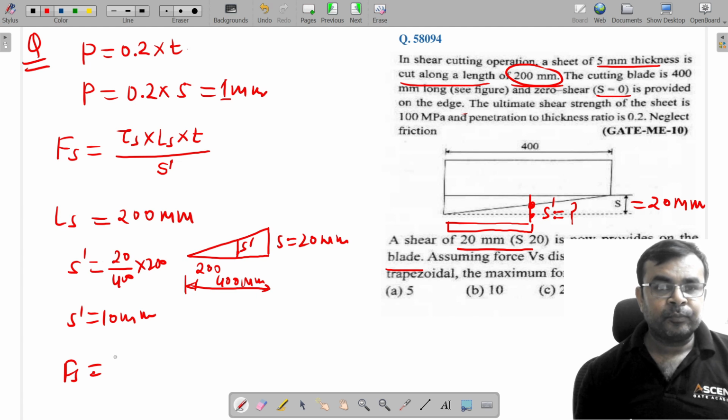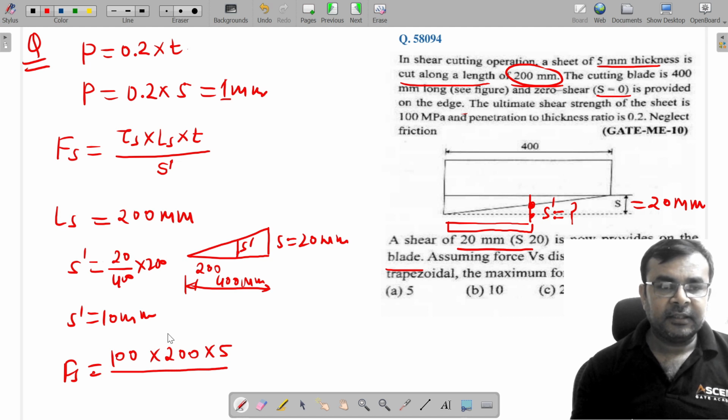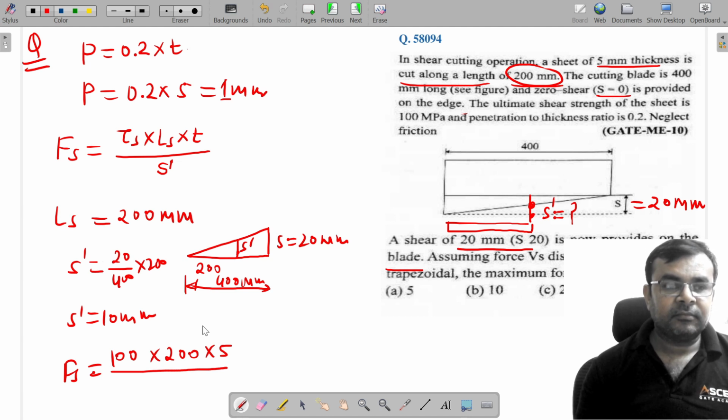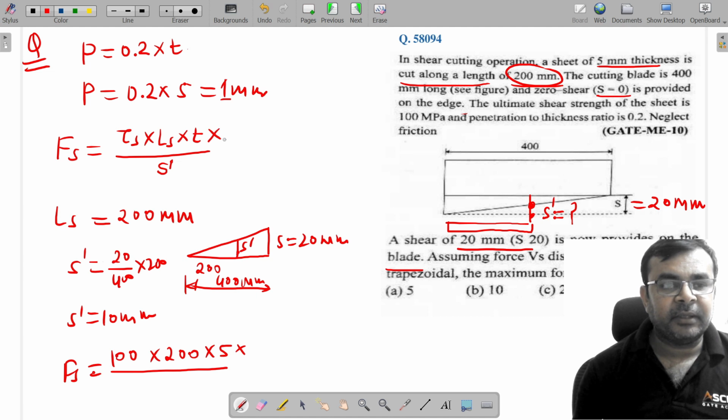F is equal to tau s, given, that is 100 megapascal. Shear length, that is 200. Thickness is 5 millimeter. Yes or no? Is that right? And yes, penetration, yes, we need to multiply penetration. Instead of t, can I write directly capital P? Why am I writing capital P?